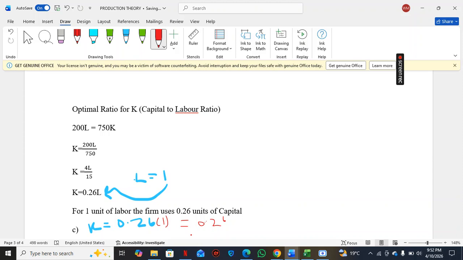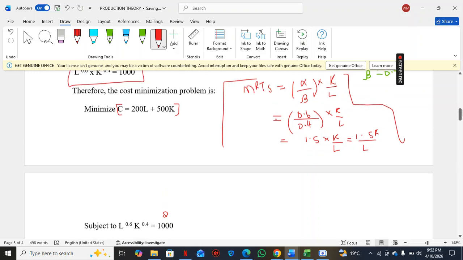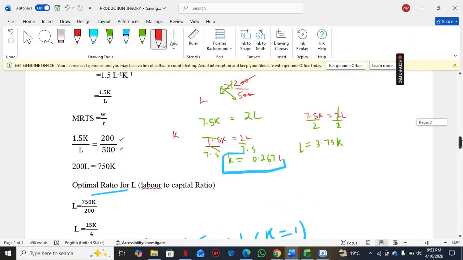Okay, colleagues. So let me just recap the step-by-step process of what happened here. We are using the cost minimization condition to find the optimal ratios of labor and capital. So step 1, get your MRTS, marginal rate of technical substitution, as we tabulated here.